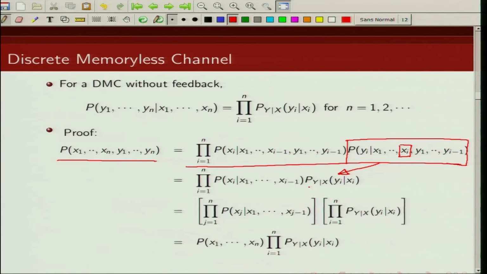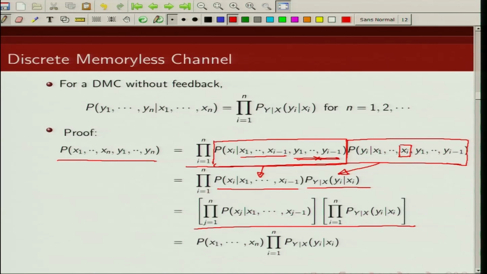So this term can be written in this particular fashion, and since we are talking about a discrete memoryless channel without feedback, this term can be written as well. The probability of x_i given x_1, x_2, up to x_{i-1} and y_1, y_2, up to y_{i-1} does not depend on the outputs, it only depends on these values. So I can then write it in this particular form.